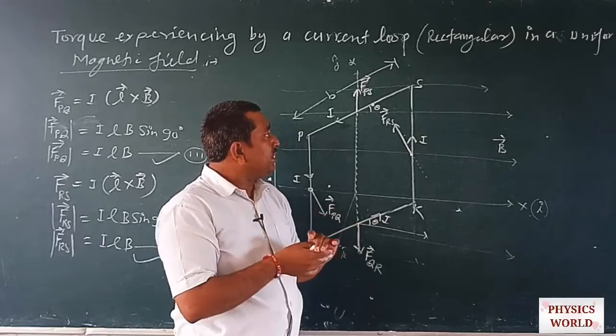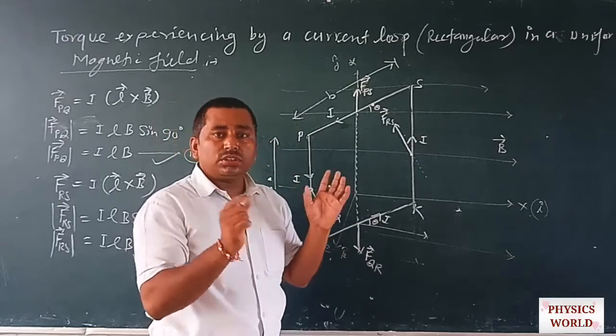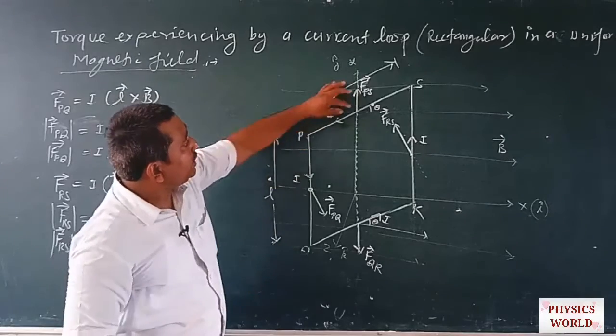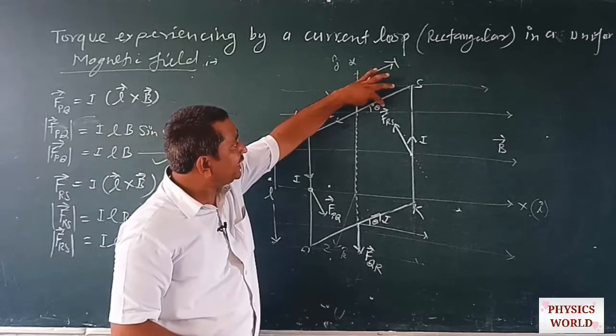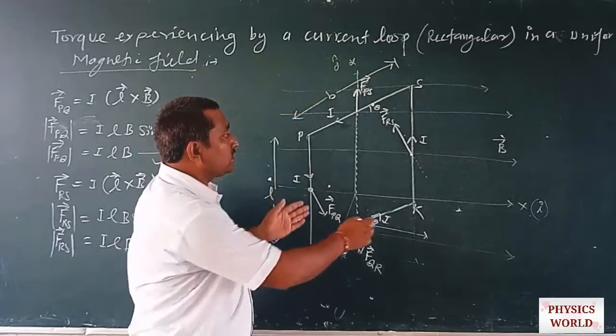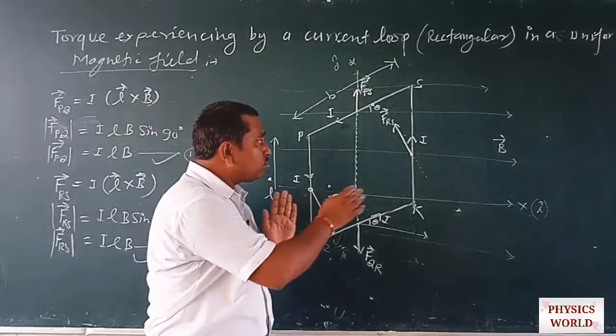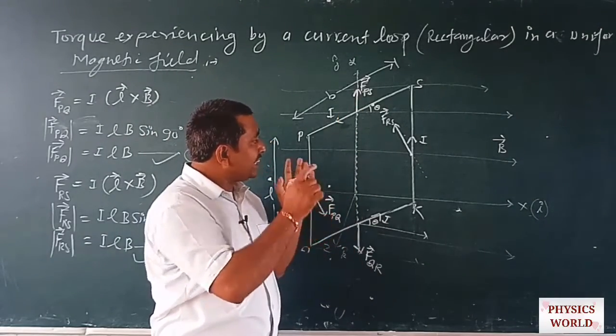The lines of action of both forces coincide, and at that time they experience no torque. In other cases, when this angle theta is not equal to 90 degrees, both forces possess some perpendicular distance between their lines of action.